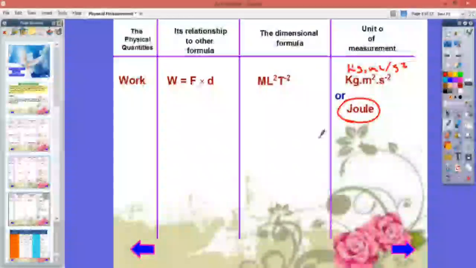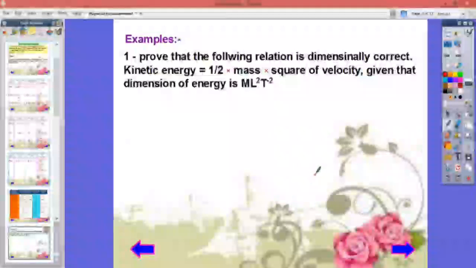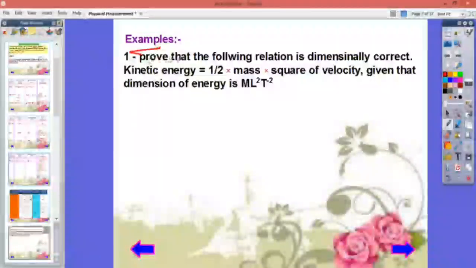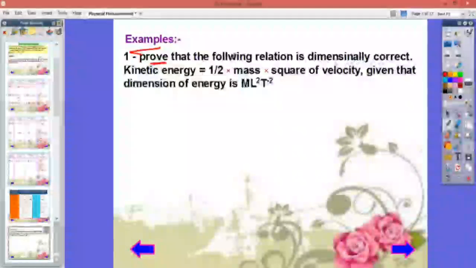As a last point, you have to know why we study the dimensional formula: because it helps us verify the validity of an equation. How can it verify that? Example: prove that the following relation is dimensionally correct.